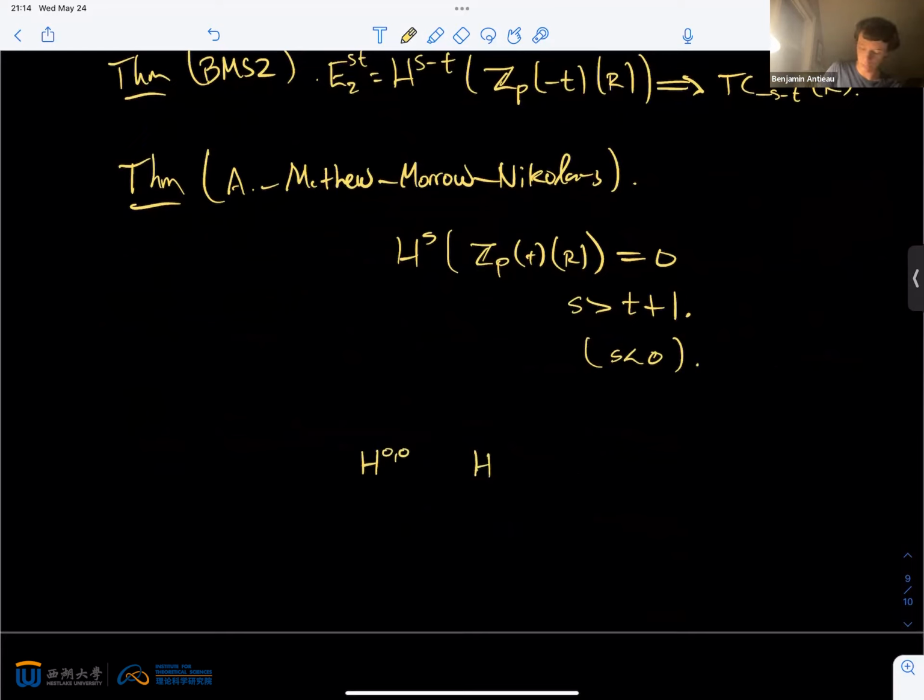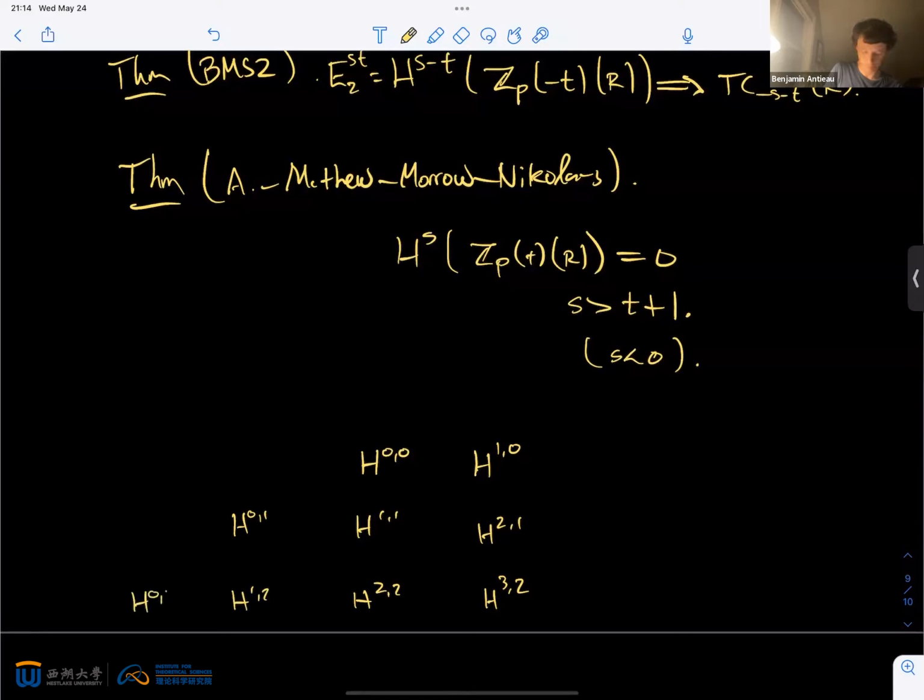Sorry, I already messed up. I won't draw at all. So each row is the cohomology of some specific weight.